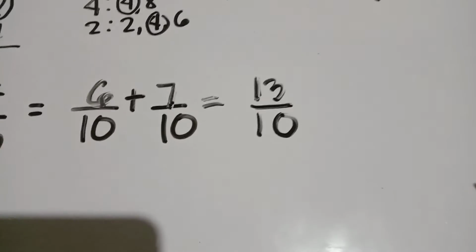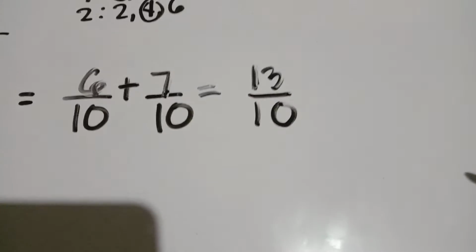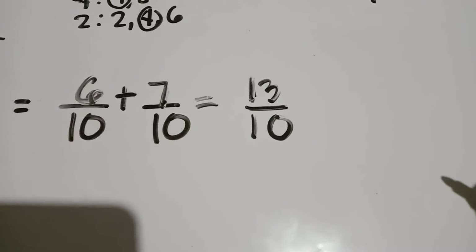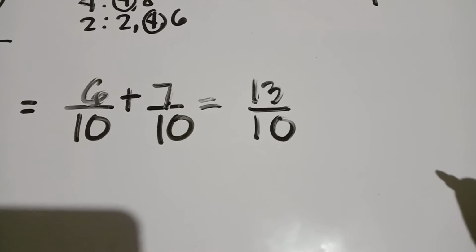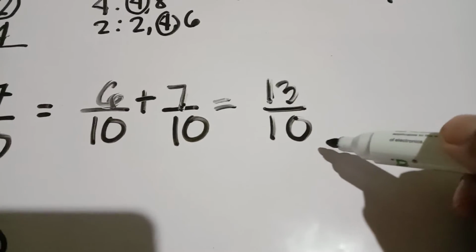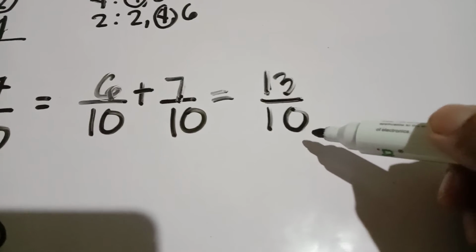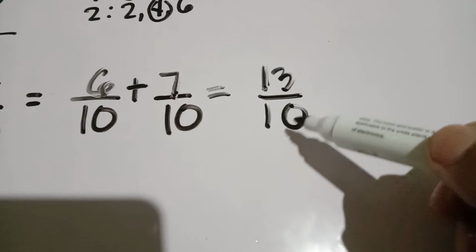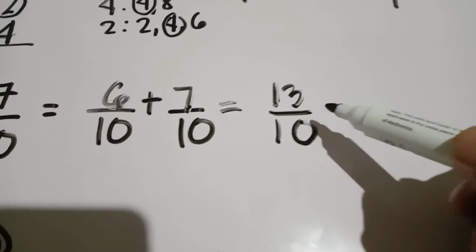Okay. Again, the answer is improper fraction. Okay, 13 over 10. So, when we say improper fraction, mas malaki yung numerator kaysa denominator. Again, 13 over 10 is an improper fraction. Okay, so what are we going to do?